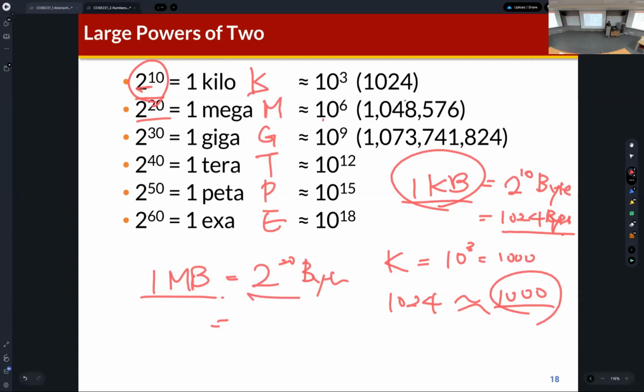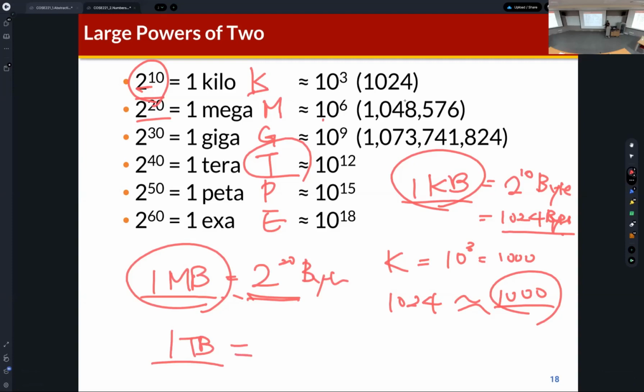It's similar to 10 to the power of 6, but not exactly the same. So 1 megabyte is equivalent to 2 to the power of 20, giga means 2 to the 30, and tera means 2 to the 40. So my SSD, whose capacity is 1 terabyte, sometimes tera has a different meaning in storage devices.